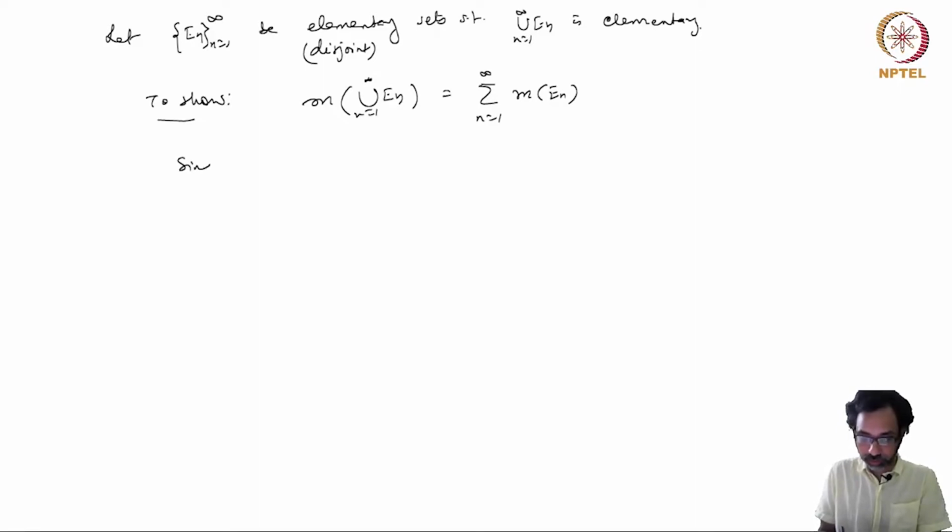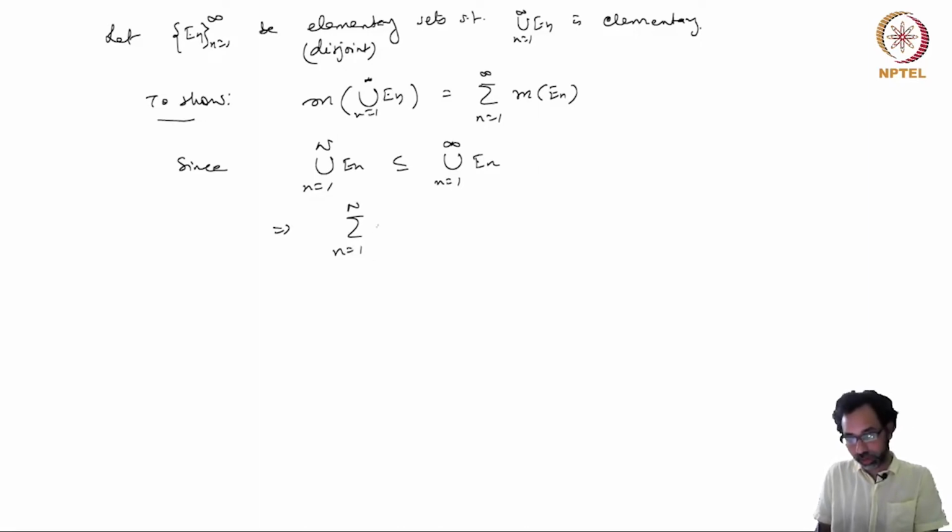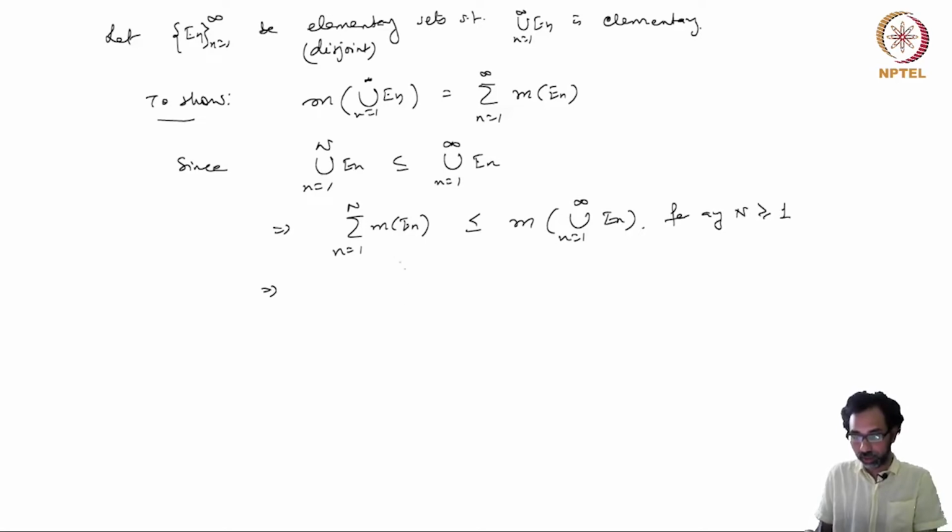On the other hand, it's easy to show that since any finite union, n equal to 1 to capital N, of E_n is a subset of the union of the E_n's, by finite additivity this finite sum of M(E_n) is less than or equal to the measure of the union, for any N greater than or equal to 1.